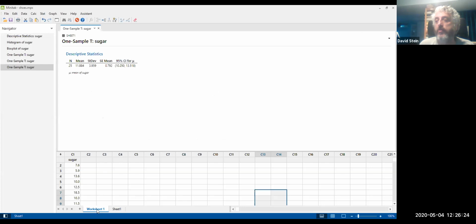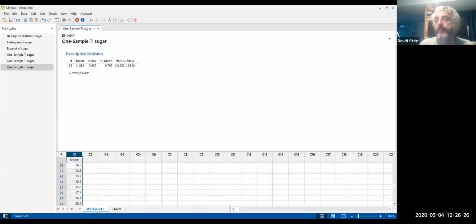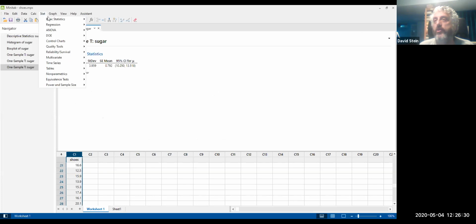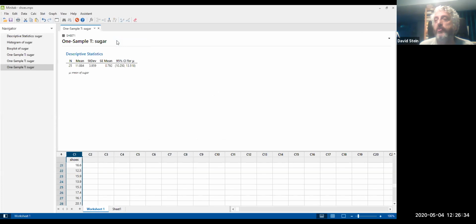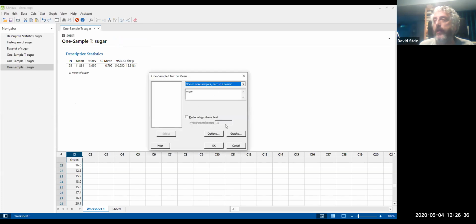So here is the shoes, okay? When you do a one sample T, and now I'm asking it to put it in the column, I'm going to pick shoes. I'm going to ask it to perform a hypothesis test with a mean of 15.